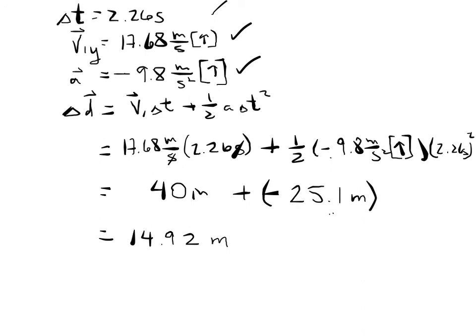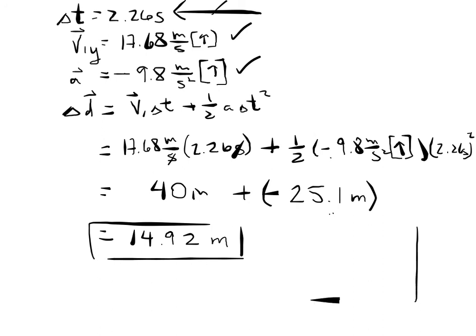And so at a time of 2.26 seconds, which is the time it took for the football to get to that wall 40 meters away, this ball will be 14.92 meters in the air. And so, going back to our diagram, this football has been kicked, it's past the peak, and the height of the wall that it hits is 14.92 meters.